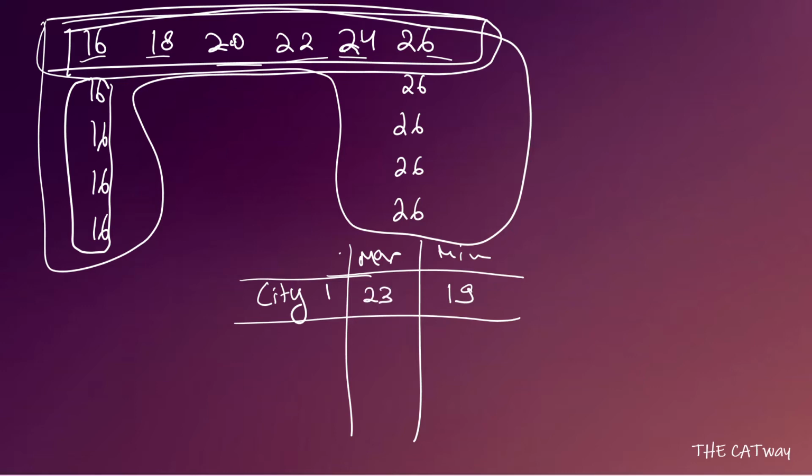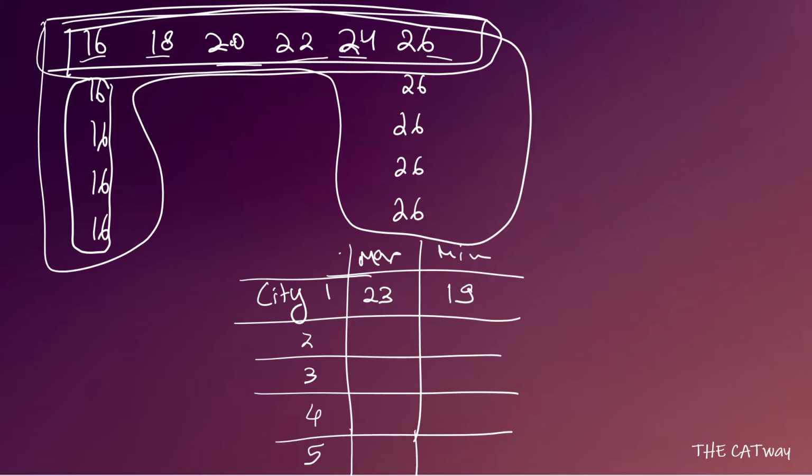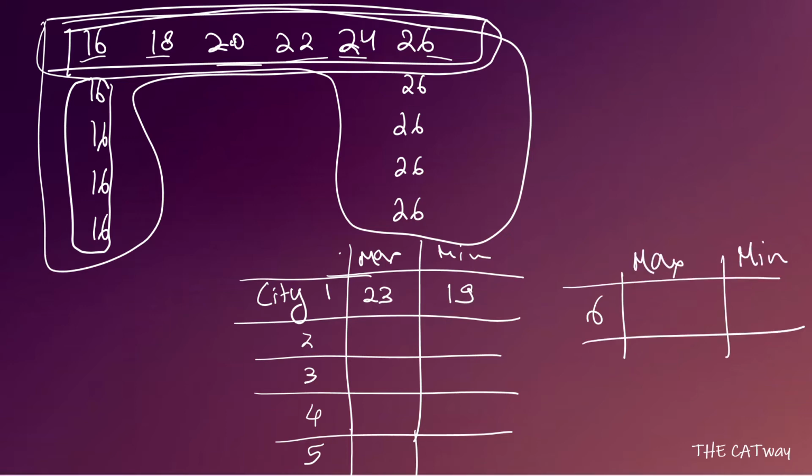On similar lines we can calculate it for each and every city. So I am writing the values directly now. For city 2, city 3, city 4, city 5, and I'll write for city 6 here, max and min. For city 2, the minimum value is going to be 23.2, whereas the maximum is going to be 24.8.